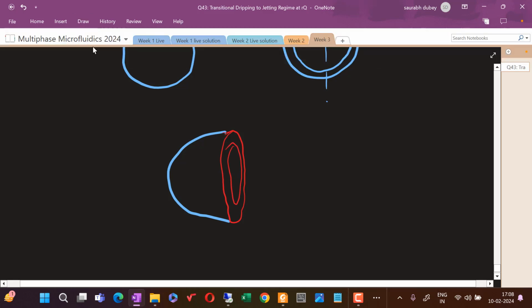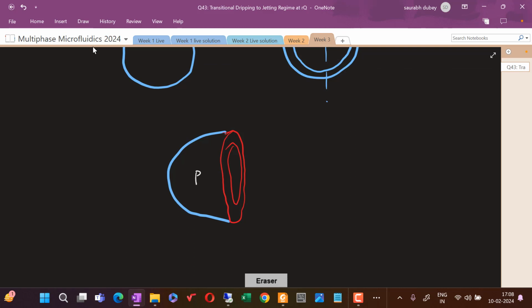On this side you will have surface tension coming from the outer radius and inner radius, both. This is P inside, acting here to control this interface, and this is P outside.